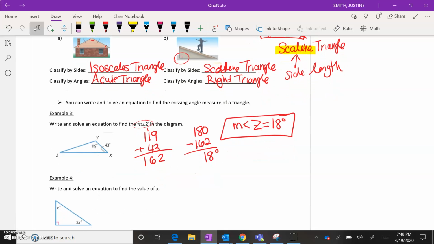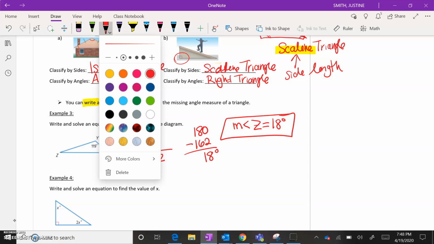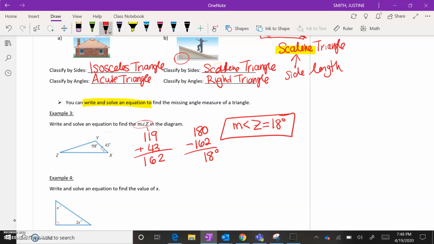Okay, and I'm actually going to use this, and it says write and solve an equation. So if we wanted to write this as an equation, which it wants us to do here, what we would do is say 119 plus 43 degrees plus angle Z, which we don't know, is equal to 180.